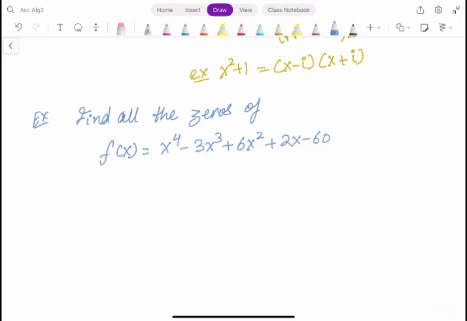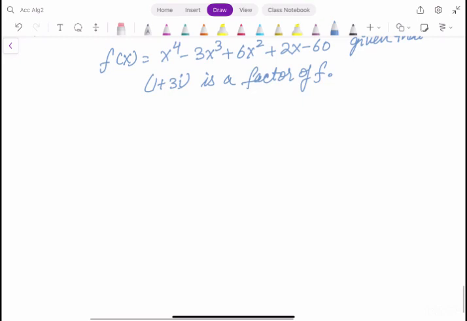Given that 1 plus 3i is a 0 of f. Now we know one zero, 1 plus 3i. And we know whenever we are talking about complex numbers and zeros, they come in pairs.